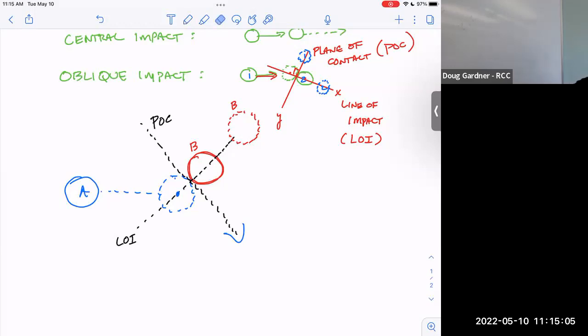The answer is not really. Does it make sense? The center of it's right there. Think of this as if it was a wall. Pretend there's no other ball there. Pretend that plane of contact was just a wall. What happens to that ball if it bounces off that wall? Isn't it going to go this way? Does that make sense? That's what's really going to happen.